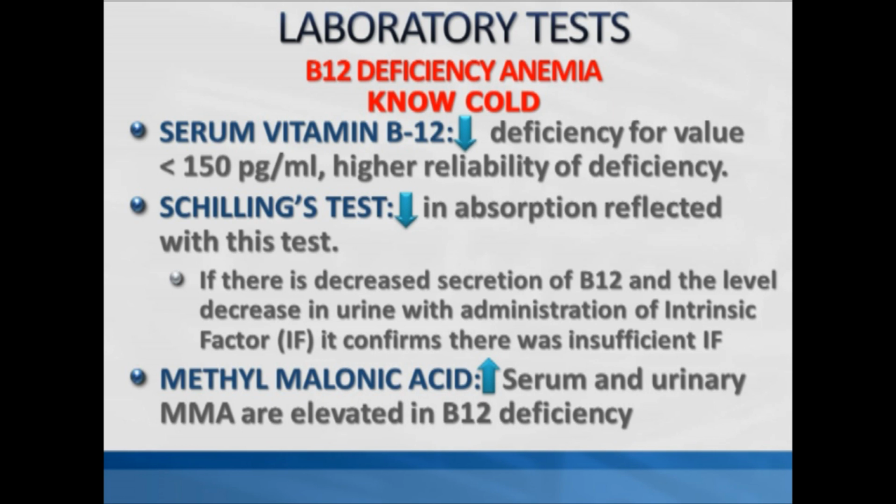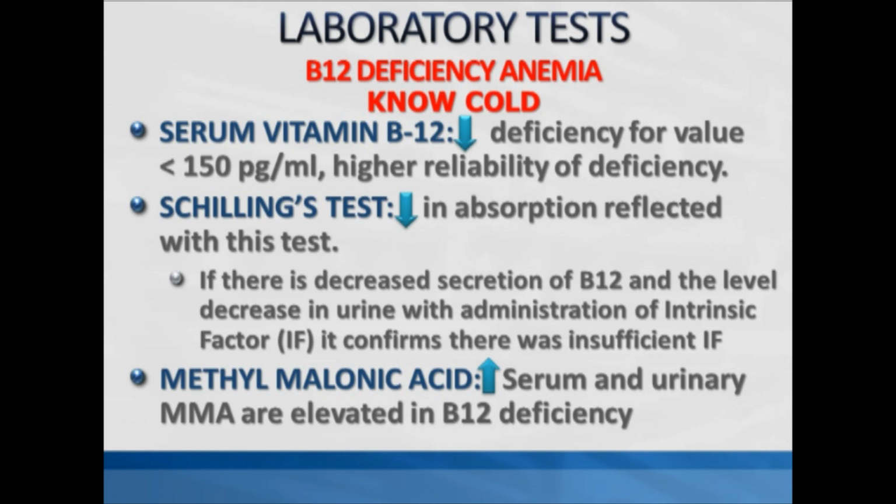So this is how to interpret the Schilling's test. If there's a decrease in the secretion of B12 in the urine, with the administration of an intrinsic factor, it basically confirms that there was initially insufficient intrinsic factor in the system, therefore confirming that there was a decreased absorption taking place.